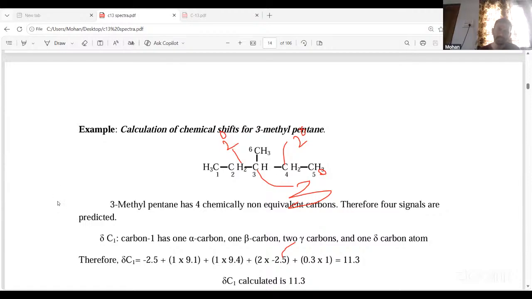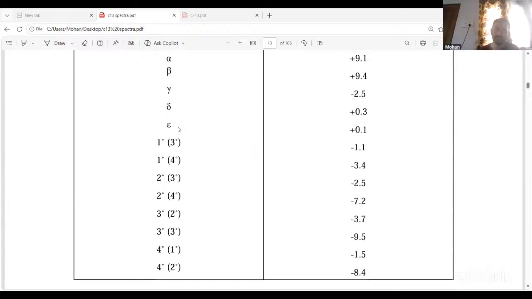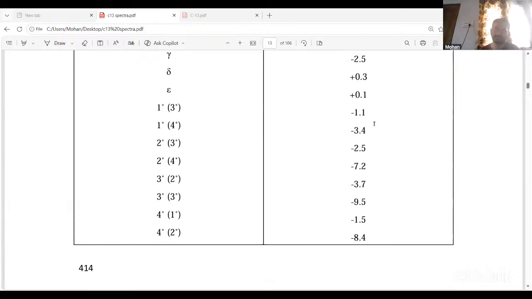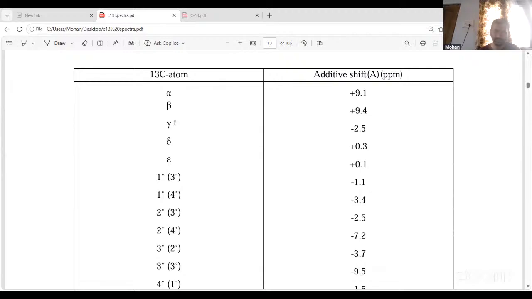So what is that here? 0.3 is a, yes, the plus 0.3. 1, 2, 3, 4, 5, 6.